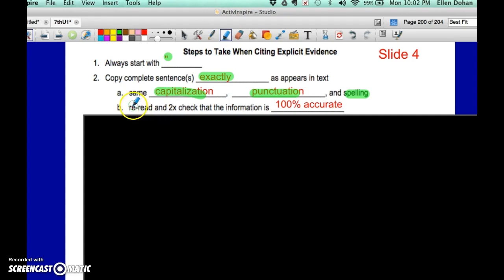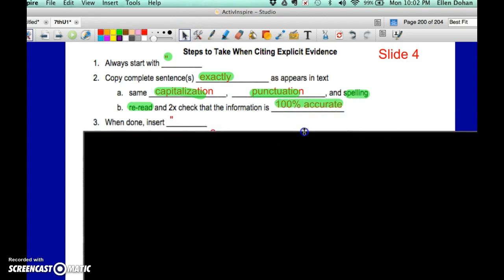One tip that's important is that you should reread and double check the information to make sure it's 100% accurate. In other words, it's exactly the same. Step 3. When you're done with the information of the quote, you're going to insert again those quotation marks. Here's where we need to actually give our shout out to the author.